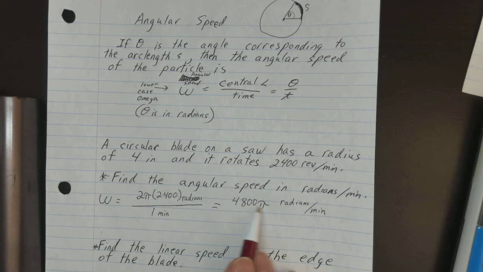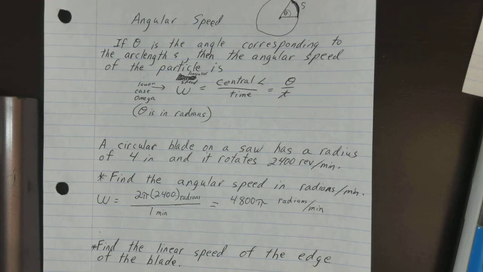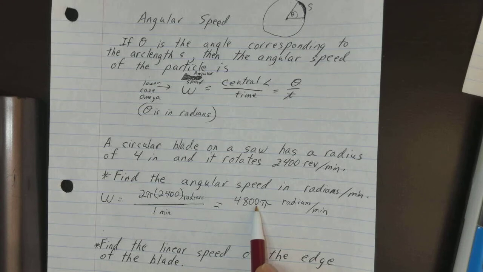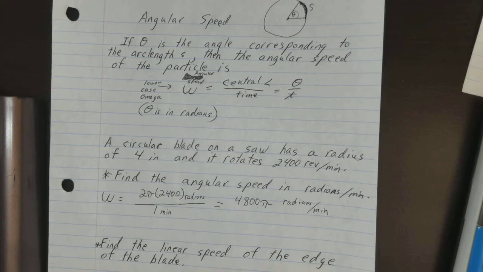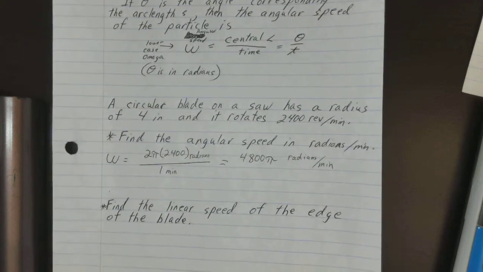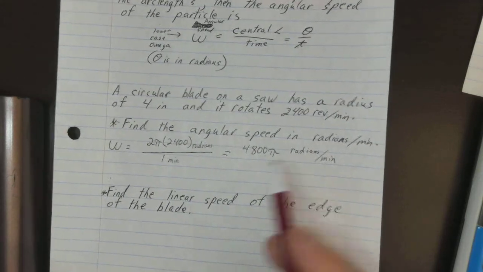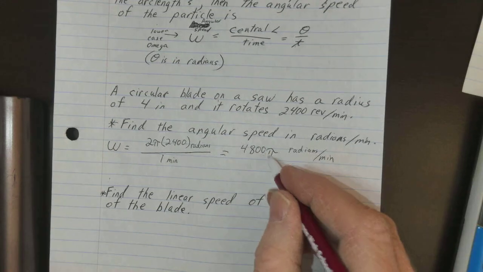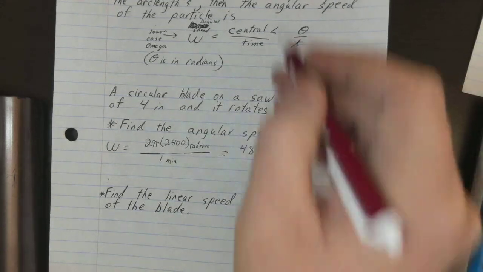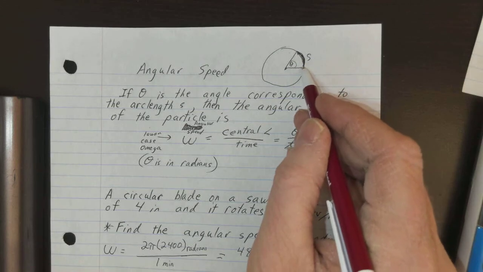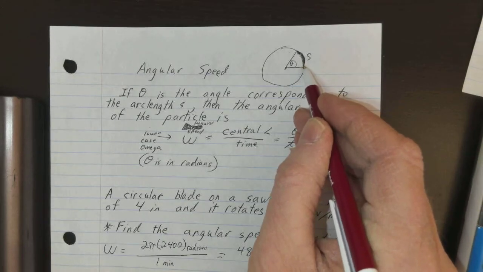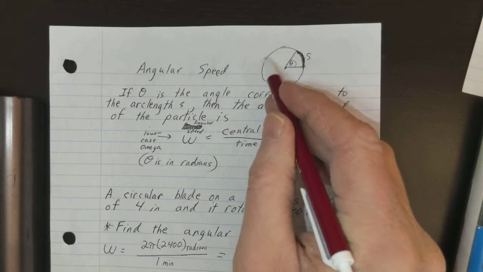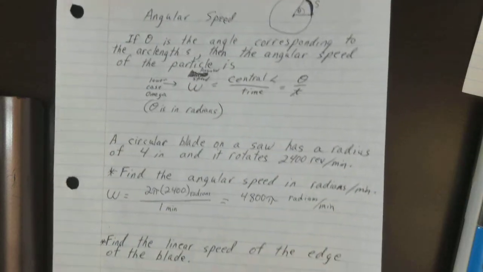Now, if you think about that, 4,800 times 3.14 might be close to 15,000 radians per minute, approximately. Now, it's going that fast. Well, the angle is changing that fast. This angle up here, like a particle, like the edge of the blade, how fast is that changing? I'm going to say it's really fast.